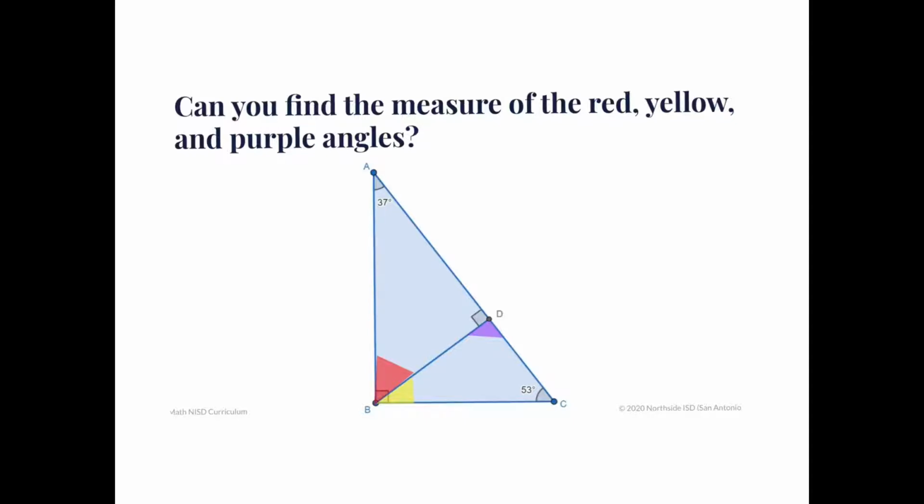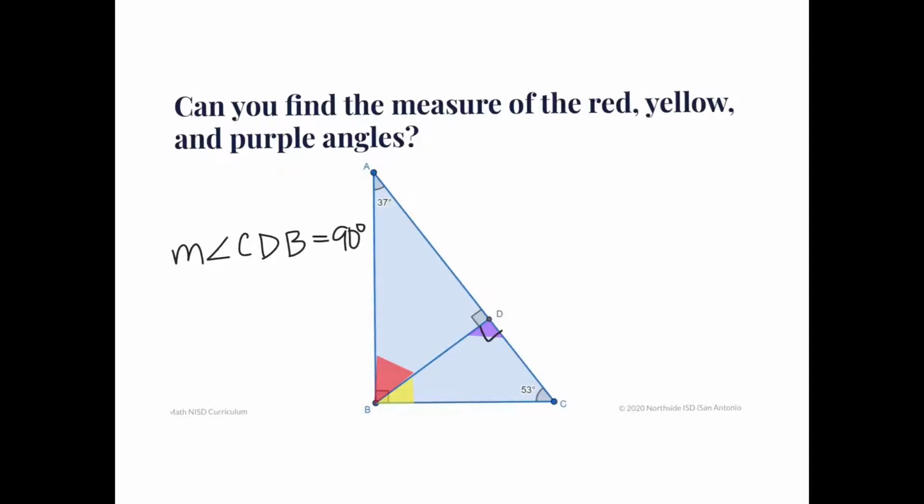Okay, so let's look at this. The easiest of these angles, in my opinion, is this purple one. Since it's right next to another 90-degree angle, the measure of angle CDB is going to be 90 degrees.